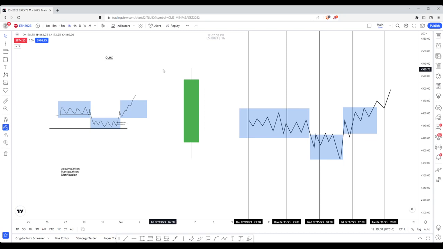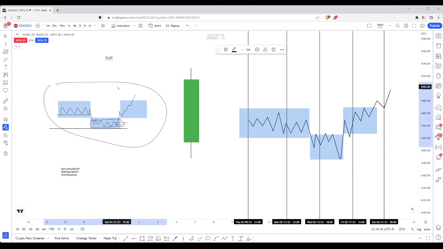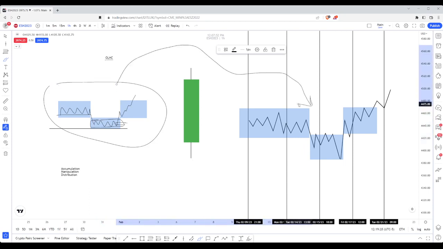But let's just say you're in a bullish day, like maybe you're looking at a 1 hour candle down in this area, and you understand that, okay, these candles are likely to be bullish because I'm operating in the context that I think the daily is going to be bullish. And if you're on this day, maybe over here on Wednesday or Tuesday, you know that this day is likely to be bullish because the weekly candle is bullish.